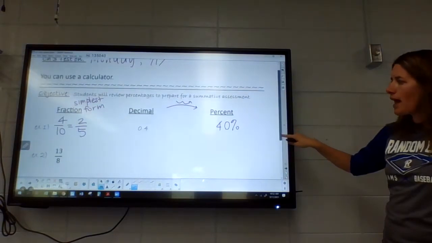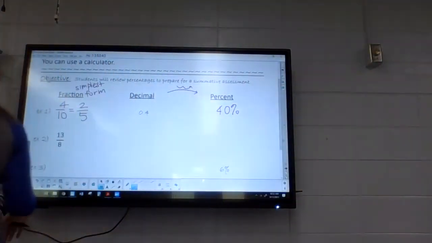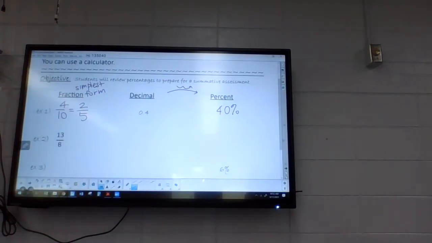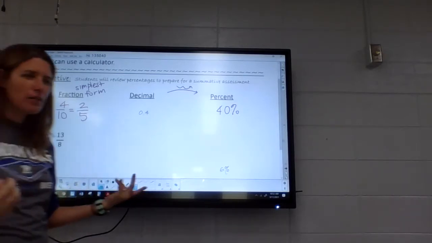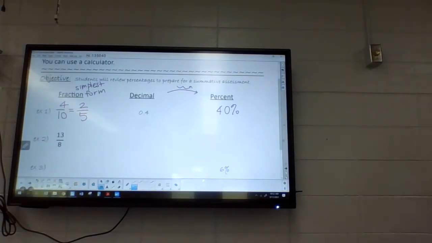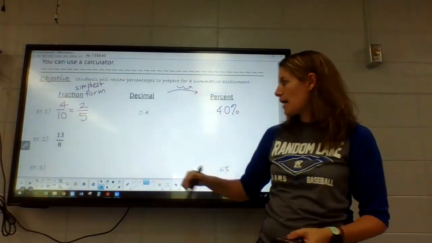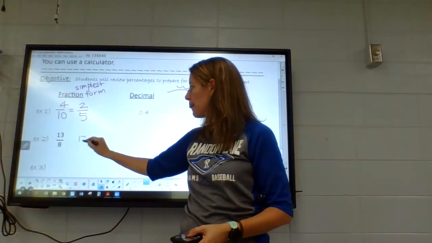All right, the next one asks us to do a fraction to a decimal. For that, I typically just divide the two. So I'm dividing 13 by 8. For a decimal, we'll probably round to 2 or 3 decimal places, but this one I can be exact.